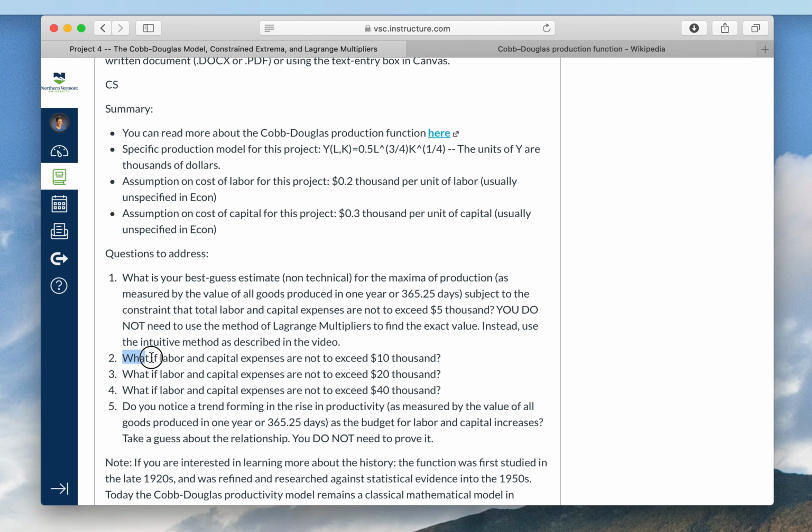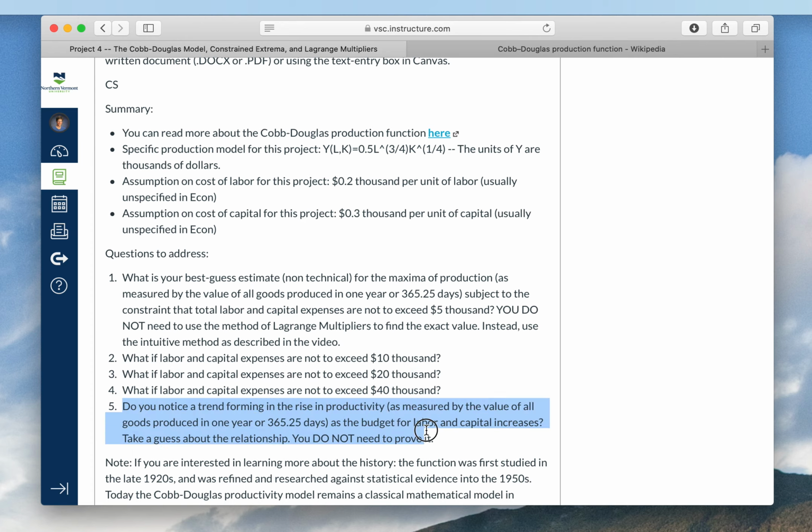So what you're going to do on your own now is bump up the budget for labor and capital to 10,000, 20,000, and 40,000. 5,000 is unreasonable. By the way, the production is over the course of a year. So this was an unreasonable budget for labor and capital for one year. What you're going to do is just bump up the budget to 10,000, 20,000, and then 40,000 and answer what you find for the maximum there.